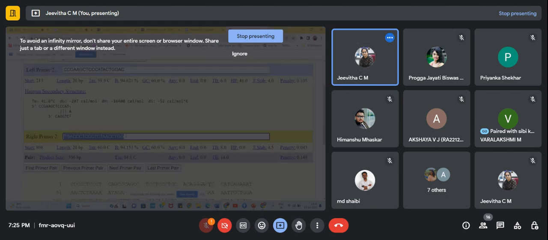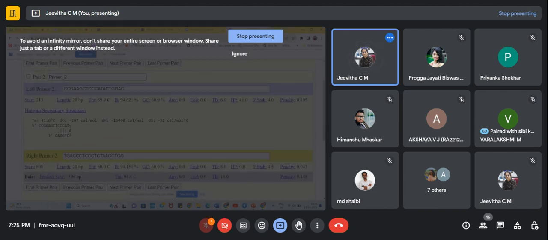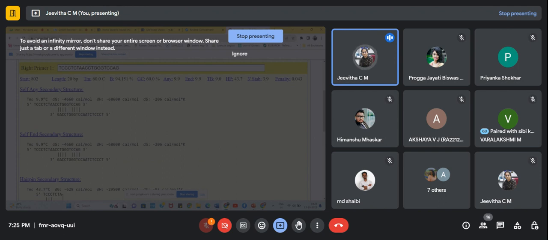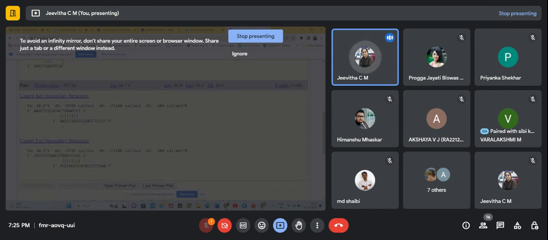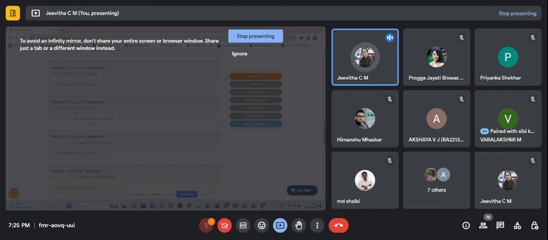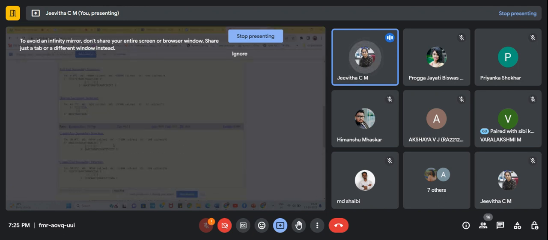Compared to the first primer pair, with these bonds and this type of data, we can go with this. So we have to analyze which set of primers we are taking. In this study, compared to the first primer pair, we can take the second primer pair.